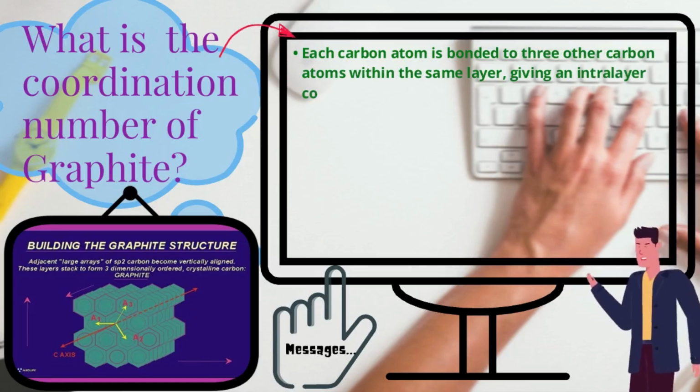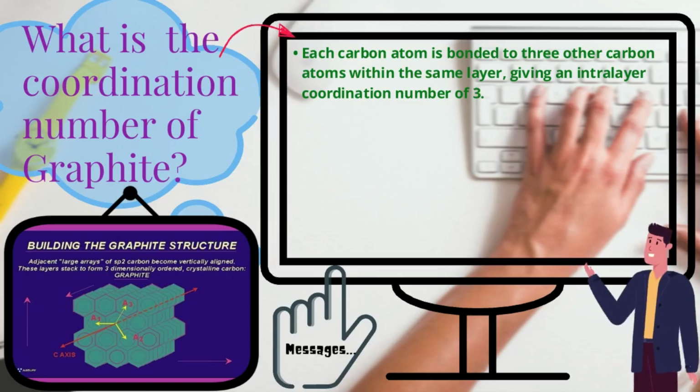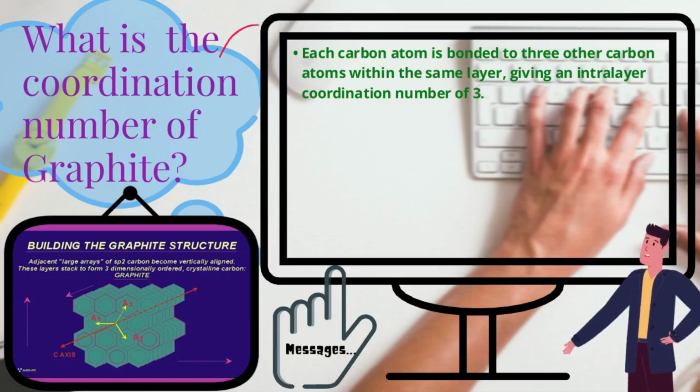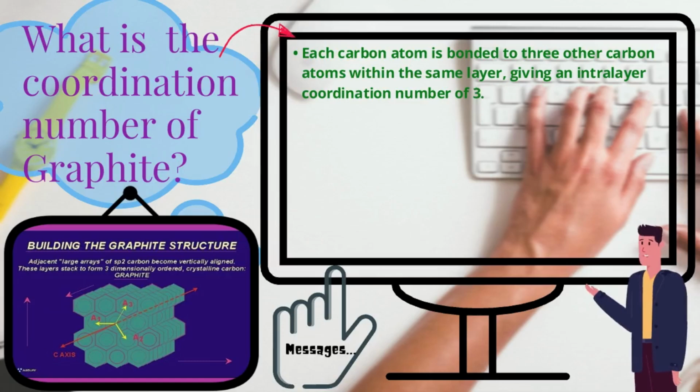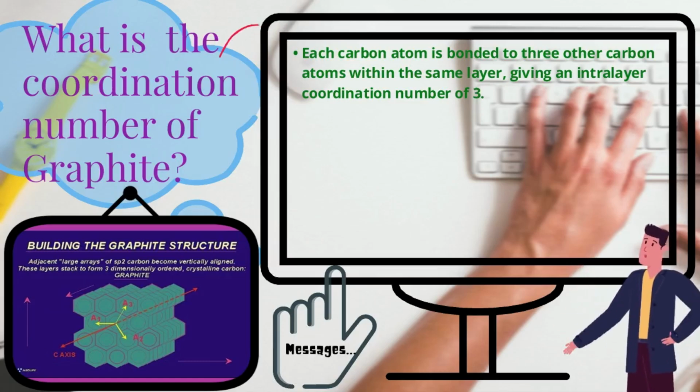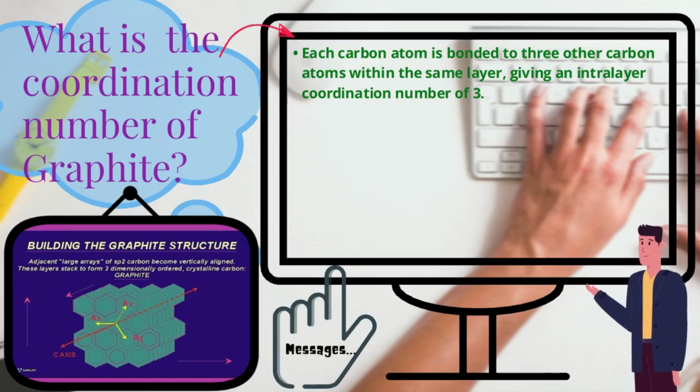For graphite, which is composed of layers of carbon atoms arranged in hexagonal lattice, the coordination number is determined by the bonding within a single layer and between layers. In the graphite structure, each carbon atom is bonded to 3 other carbon atoms within the same layer, forming a hexagonal lattice, giving an intralayer coordination number of 3.